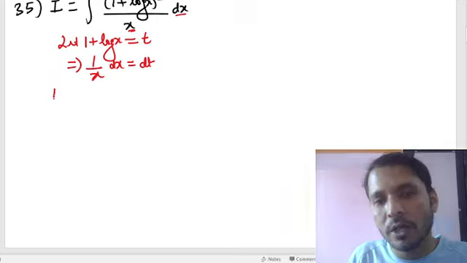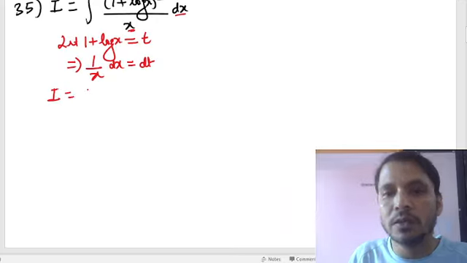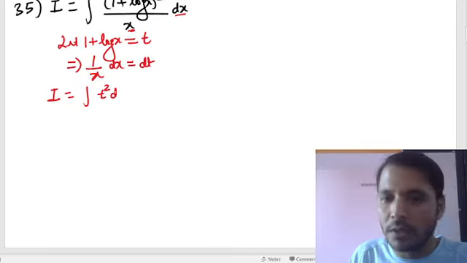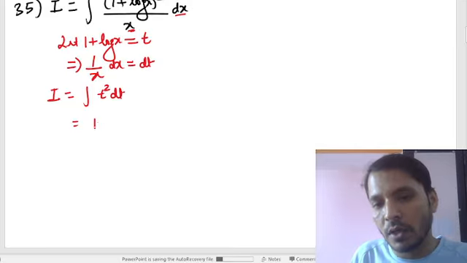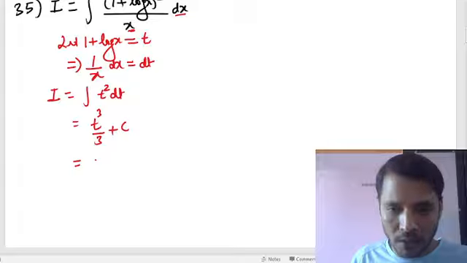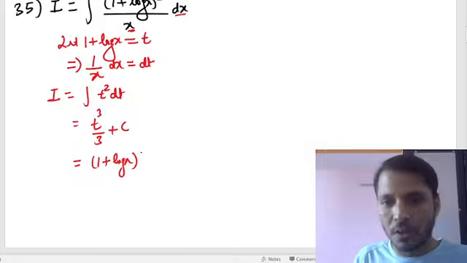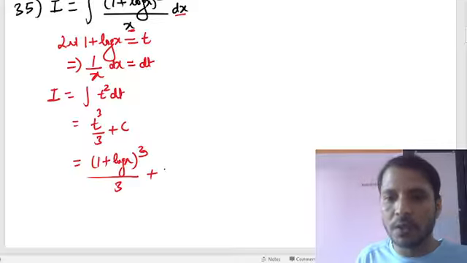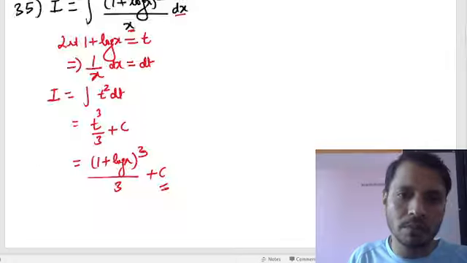So I is the integration of t square dt, which is t to the power 3 by 3 plus c. Now we replace t with its value: 1 plus log x whole cube, divided by 3, plus c. So this is the final answer of question number 35.